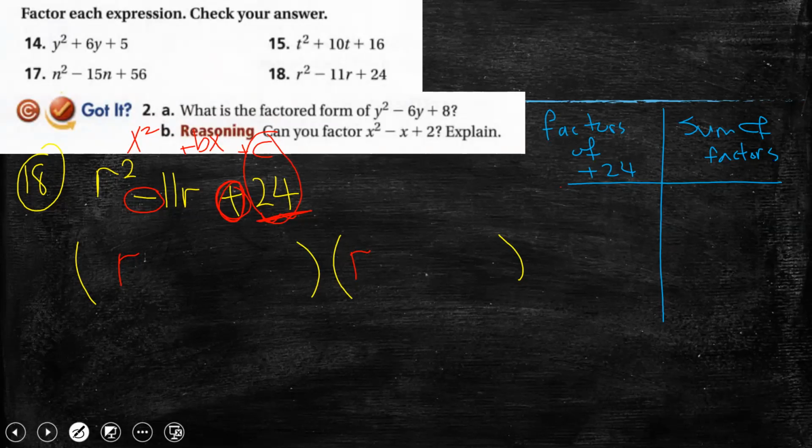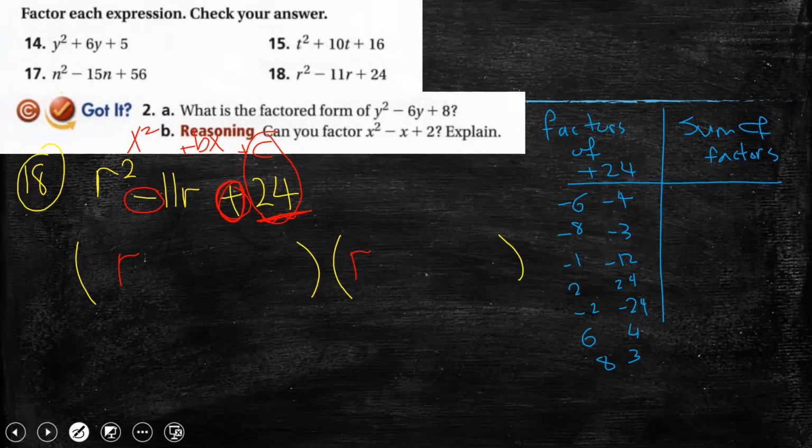Negative 6 and negative 4, negative 8 and negative 3, negative 1 and negative 24, negative 2 and negative 12, 6 and 4, 8 and 3.